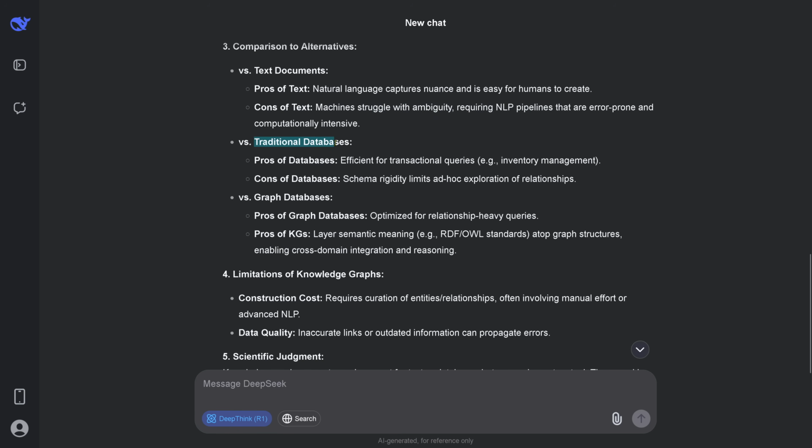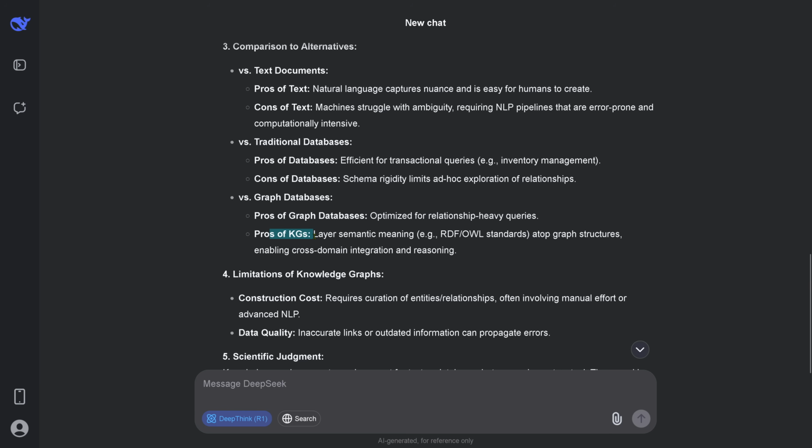Knowledge graphs versus traditional databases. The pro of a database: efficient for transactional queries, inventory management. The con of a database: schema rigidity limits our ad hoc exploration of the relationships. And knowledge graphs versus graph databases. The pro of a graph database: it is optimized for relationship-heavy queries, great.